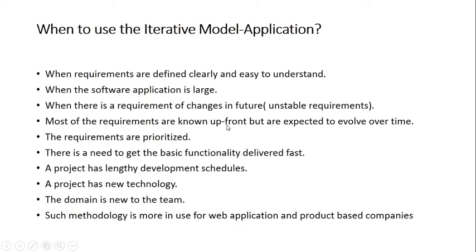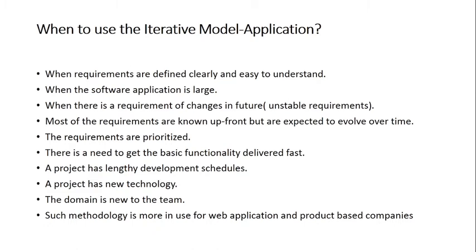Most of the requirements are known upfront but are expected to evolve over time. Evolve means they'll change. The requirements are prioritized, right? Say it is a graphic era university software, and I said I require a registration module immediately. So I have prioritized among all the requirements. I said I want this immediately.